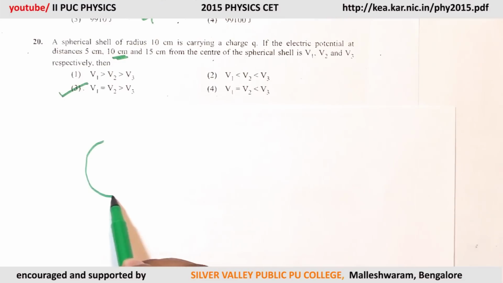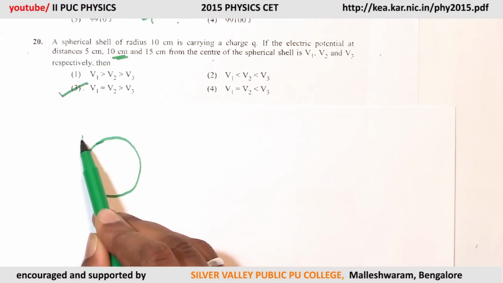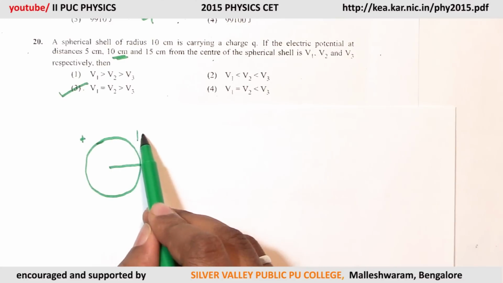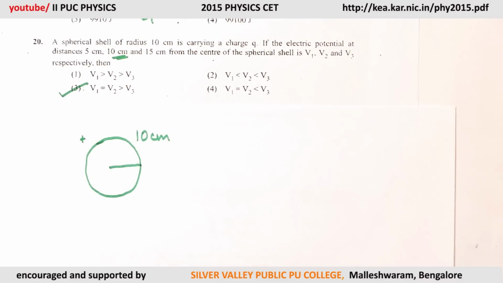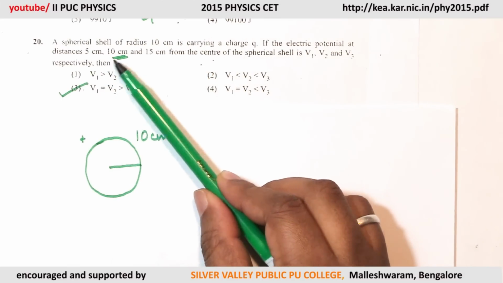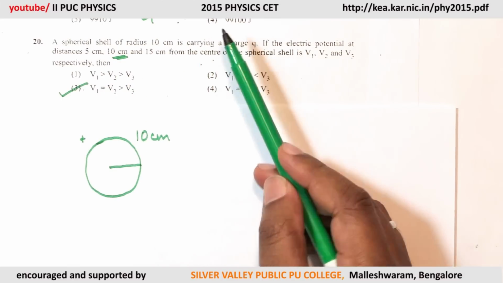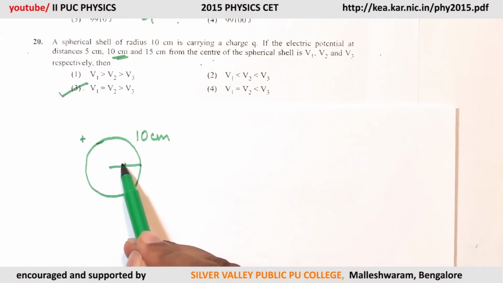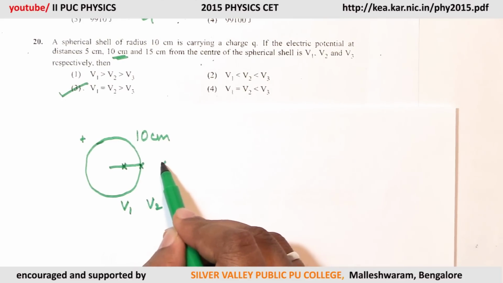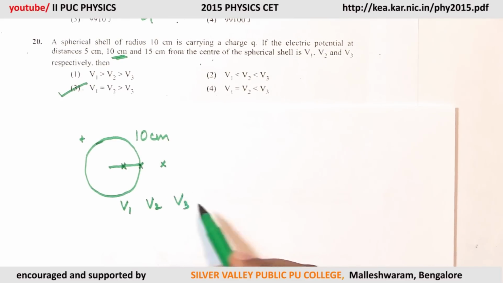A spherical shell of radius 10 centimeter. This is a spherical shell which is charged. Radius is 10 centimeter. If the electric potential at 5 centimeter, meaning inside the shell, is V1, on the surface V2, outside the shell V3.